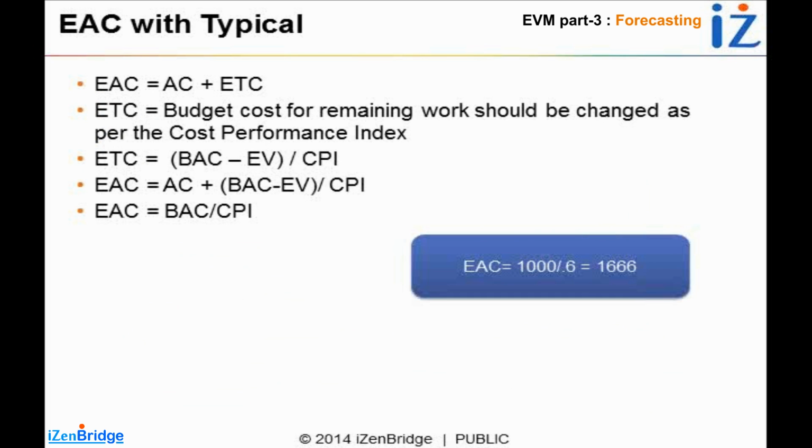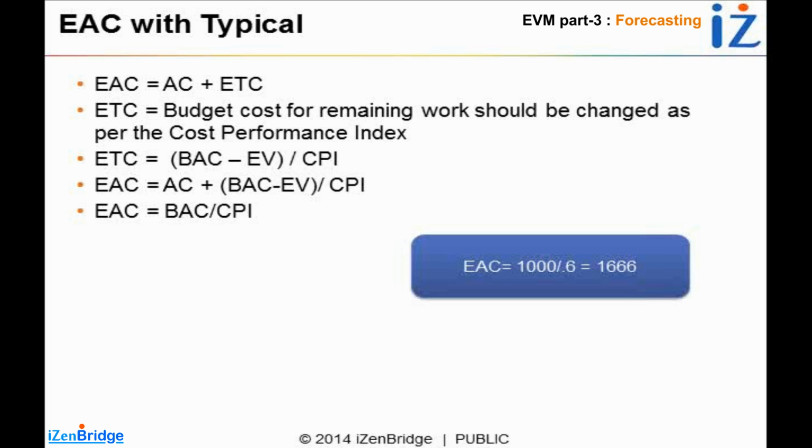In case of typical, you are accepting the reality that whatever cost performance we are observing, we are going to continue with that. So for the remaining work, I need to factor it in, I need to divide it by the cost performance index.